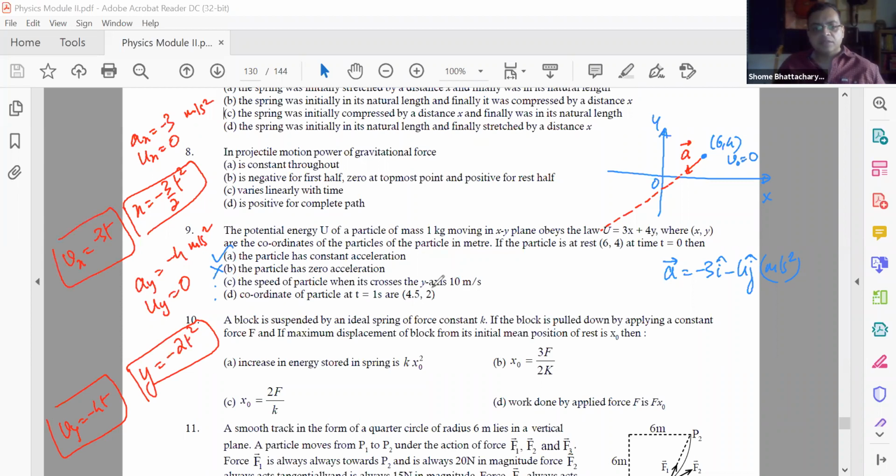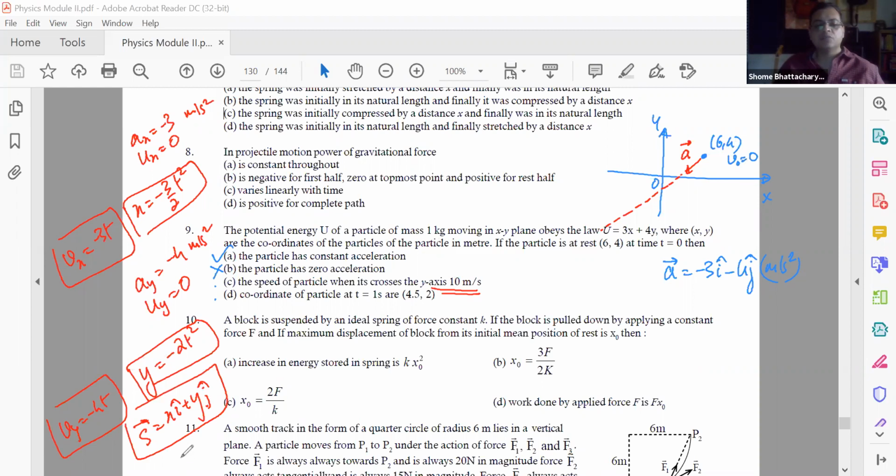Okay. So when the particle crosses the y-axis, the y component of displacement should become how much? Minus 4, because it started from y equal to plus 4. No? This is not the coordinate, this is the component of displacement. This is the displacement x i cap plus y j cap.